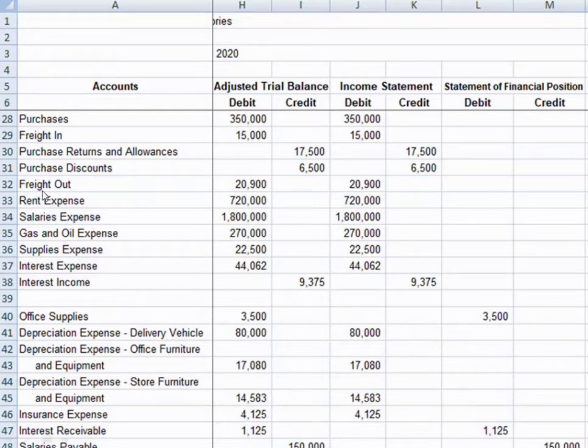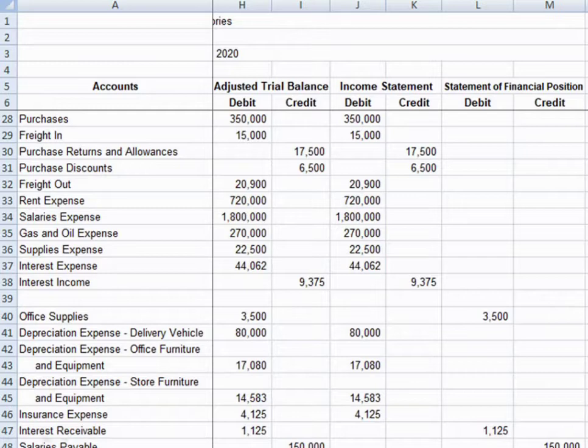Just by noticing this freight out, we must know there is distribution cost. And remember the additional information we encountered before? From that, we know that aside from distribution cost, there must be administrative expenses in the income statement.